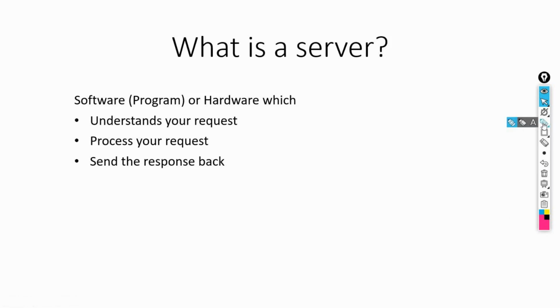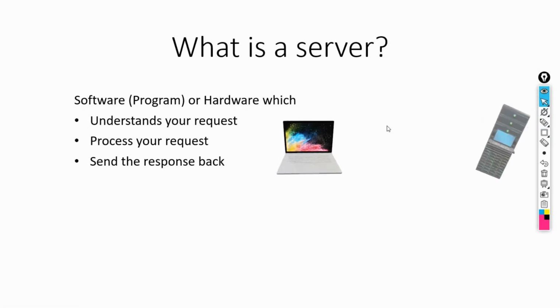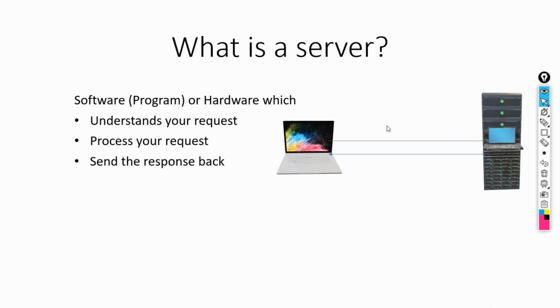A server is nothing but any software program which understands your request, processes your request, and sends the response back. So this is, let's say, a UI where you clicked some button, let's say the submit button. Then the request will go to the server.